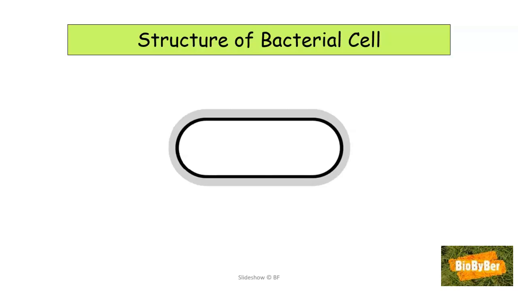When I am drawing the structure of a bacterial cell, I like to imagine that I am drawing a slimy tic-tac shape. I would advise you to draw the bacteria cell following the same procedure or method as shown here. Don't forget to practice in a jotter. The slimy layer is a capsule, which is a protective layer.